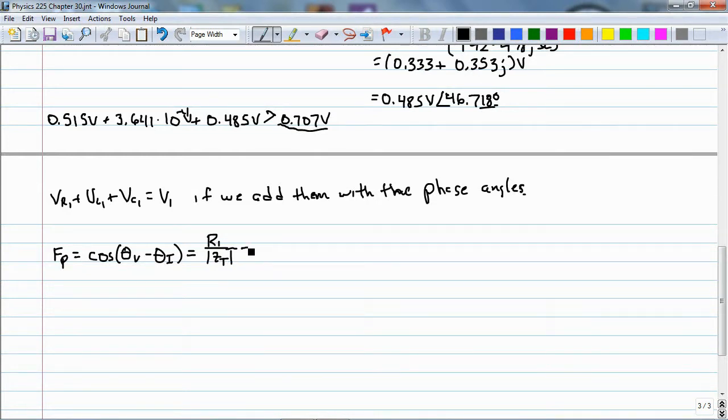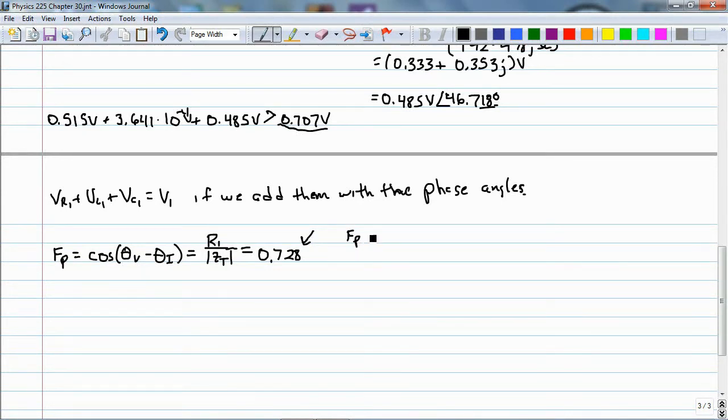And it turns out in this circuit that the power factor is 0.728. This power factor is an indicator of just how well the peaks of the current and the voltage line up. If the power factor was 1, then the peaks would line up.